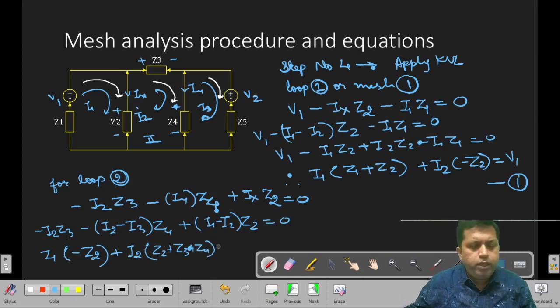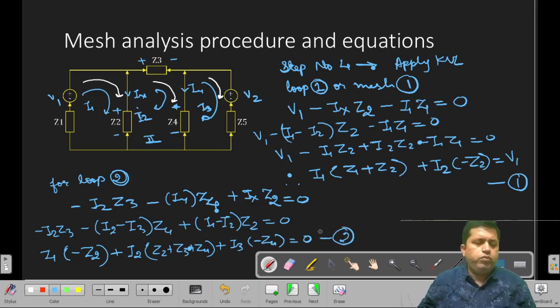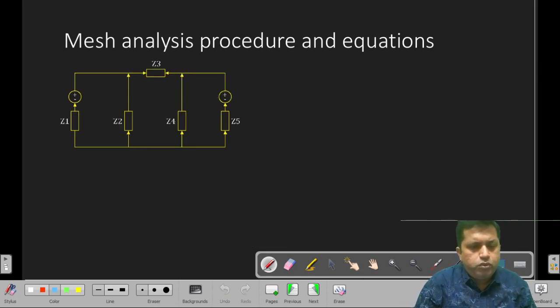Okay, plus, what is the arrangement? I3 into minus Z4 is equal to 0. This is equation number 2. Okay, so we move on further.